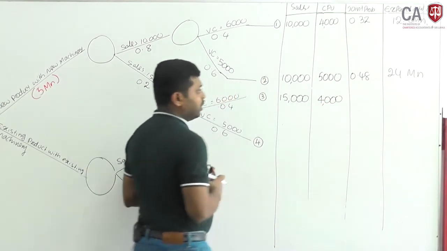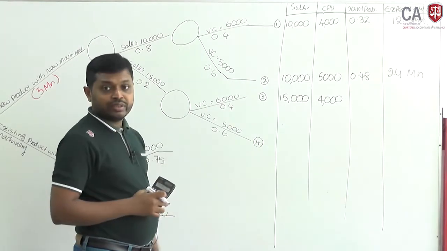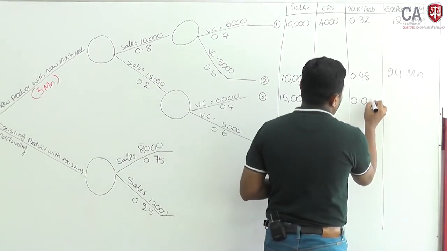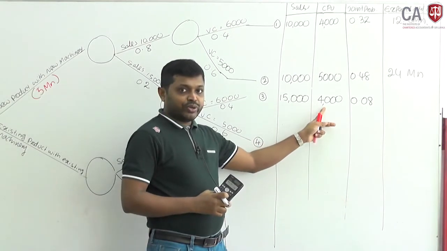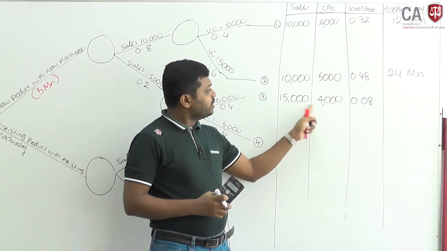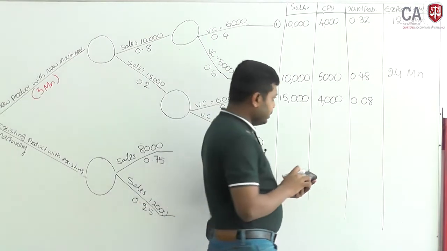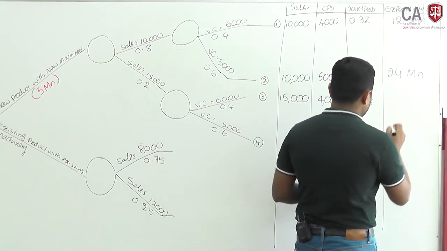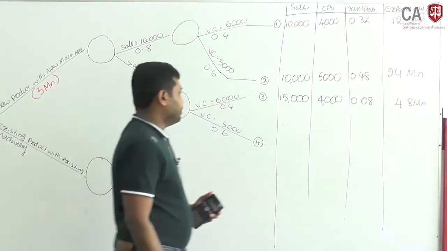Then joint probability 0.2 into 0.4, 0.08. Contribution per unit 4,000, total sales 15,000 units, so total 60 million into 8% is 4.8 million.